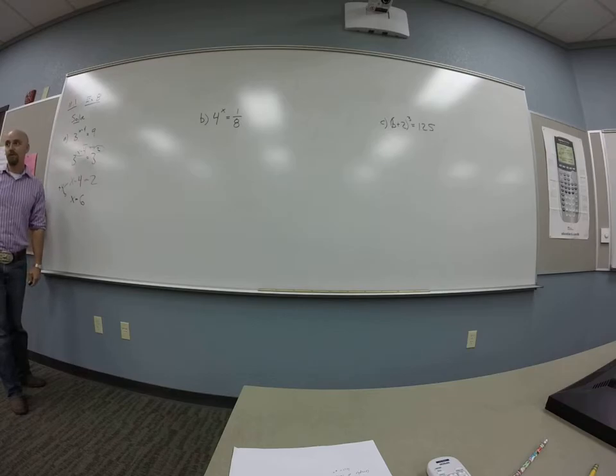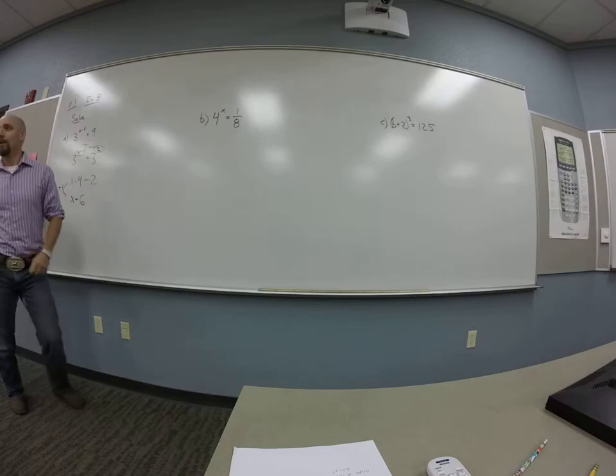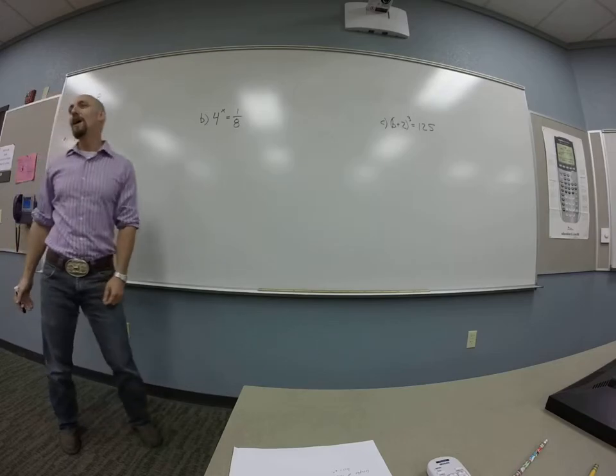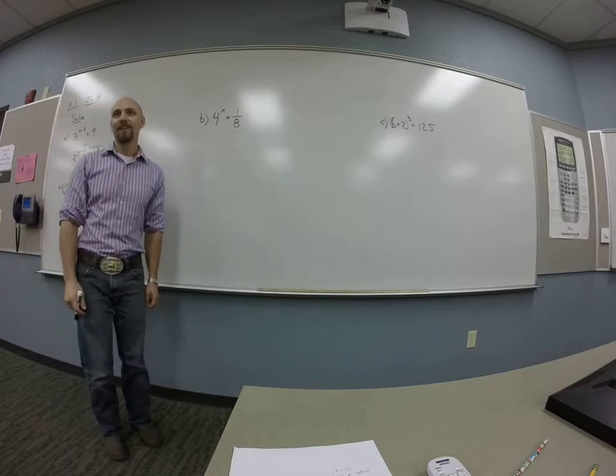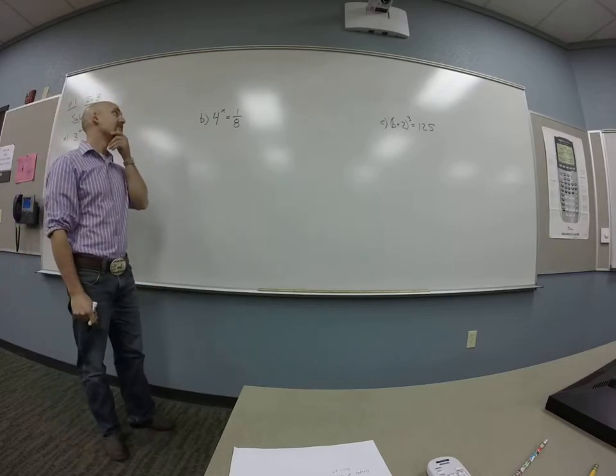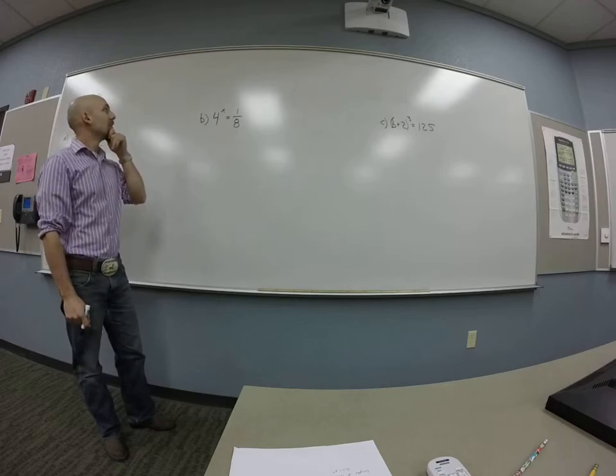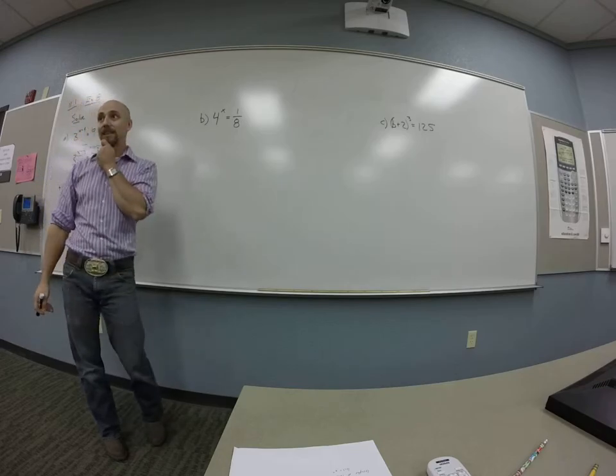Cool? Are there going to be ones with multiplication, like x times 4, as the exponent? That one's kind of right here. That's good. So let's think to ourselves. These are going to be hard to make the same, right?